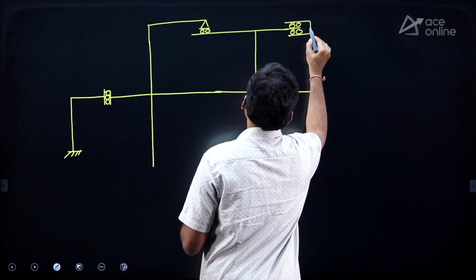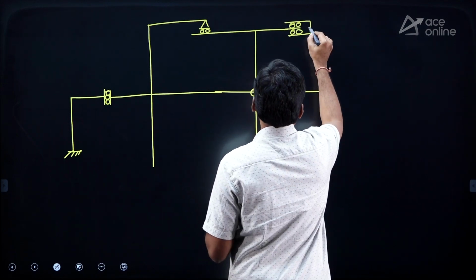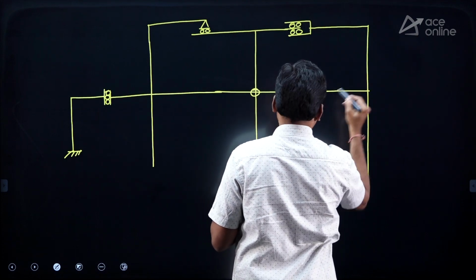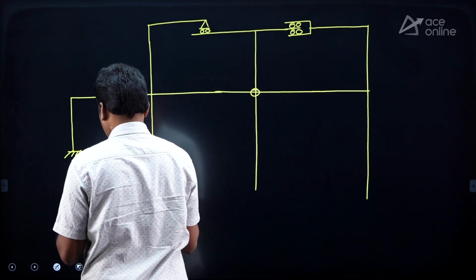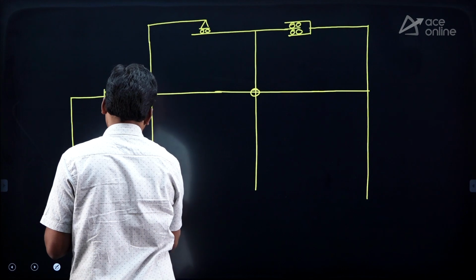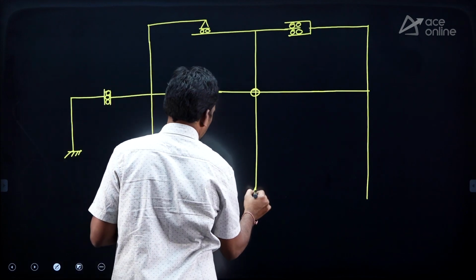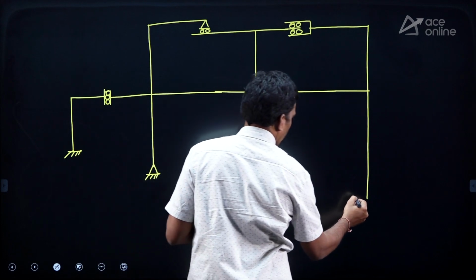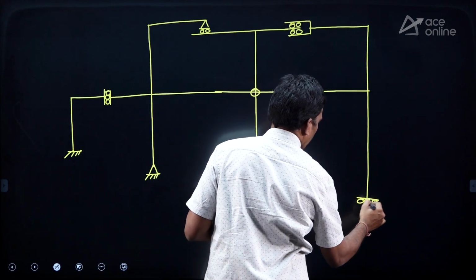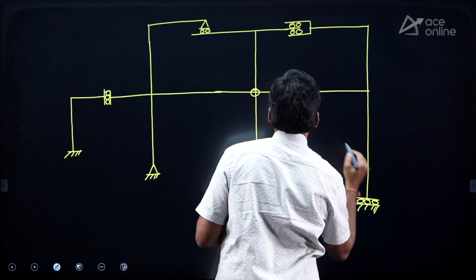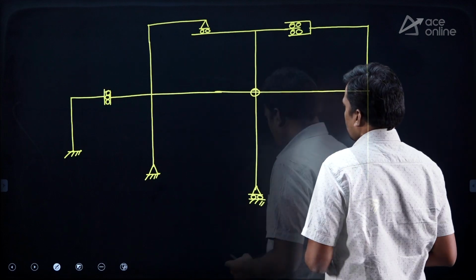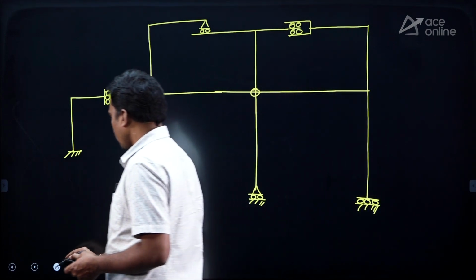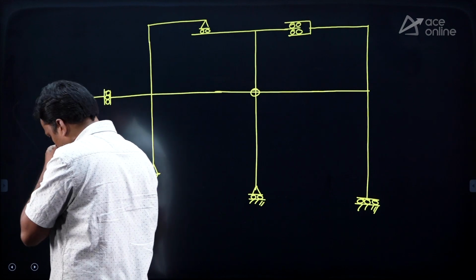So one example, all the concepts. Find the static indeterminacy for this diagram, then you can find the static indeterminacy for any diagram.